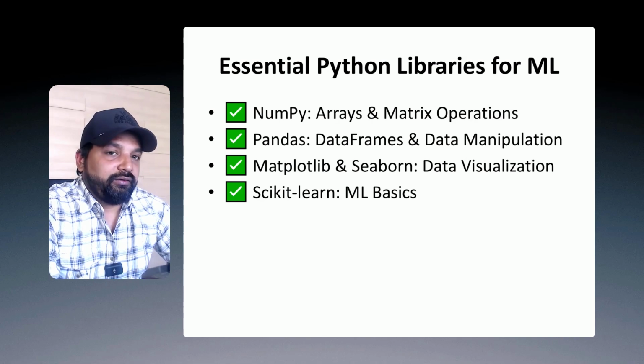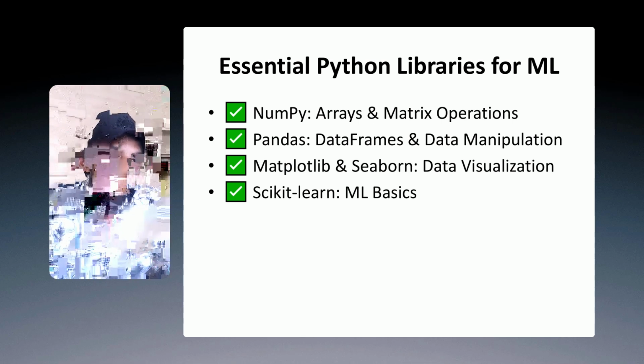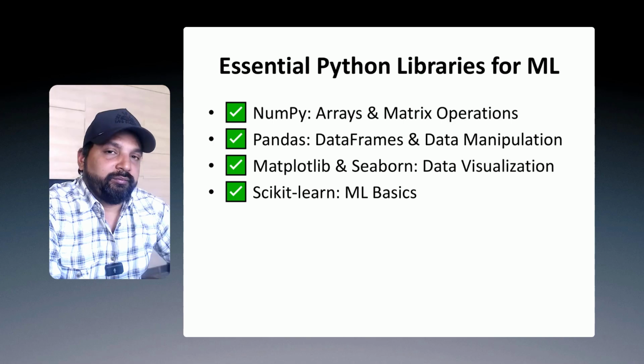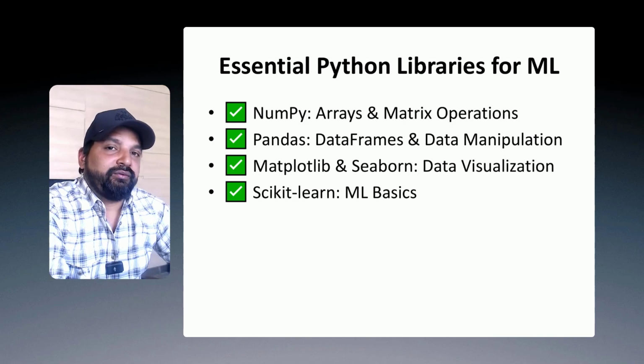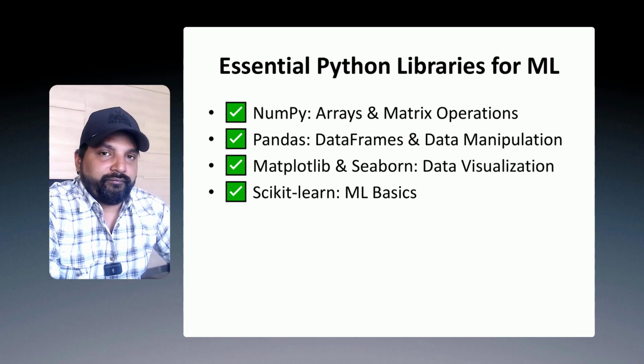What are arrays? What are matrix operations like matrix multiplication, matrix addition? What is a vector? And where we use these mathematical concepts in machine learning? You will get to know through NumPy. NumPy does the backend calculation. It is known as Numerical Python.